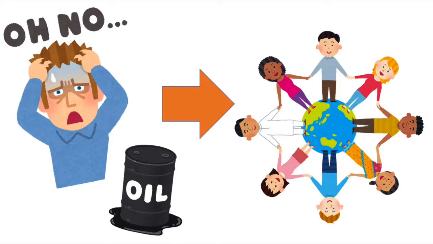Therefore, the United States, Britain, France, Germany, Italy, Canada, and Japan have been holding a summit every year since 1975 to cooperate in economic and international politics.